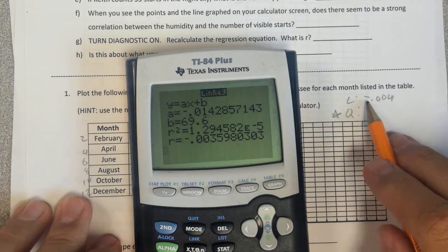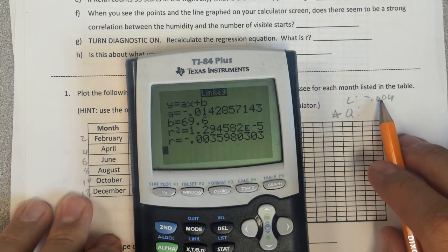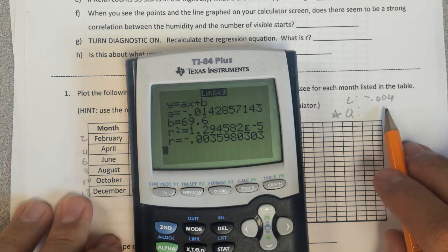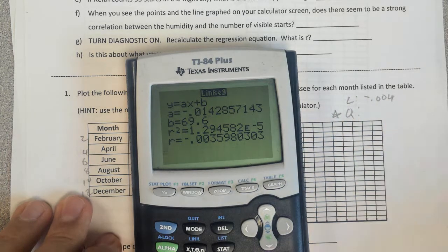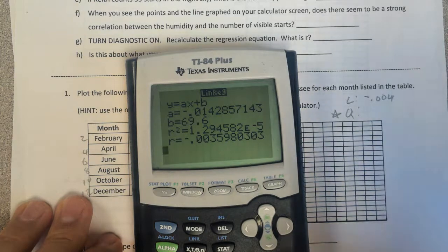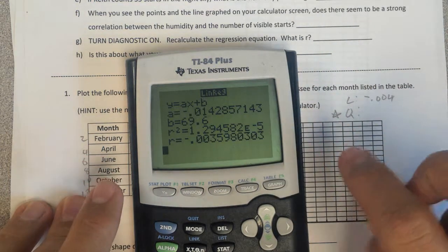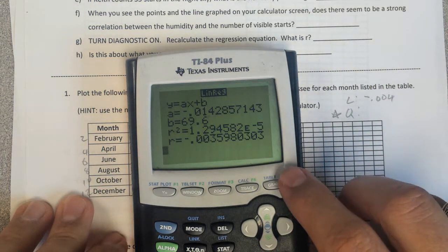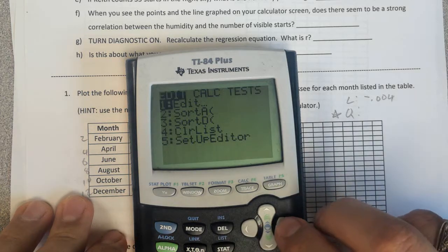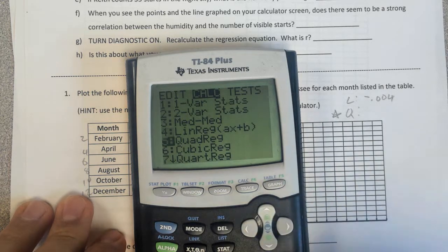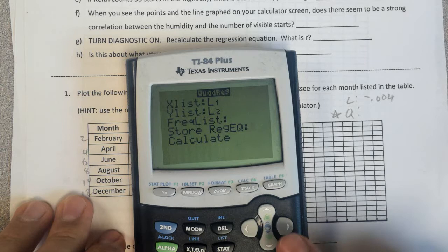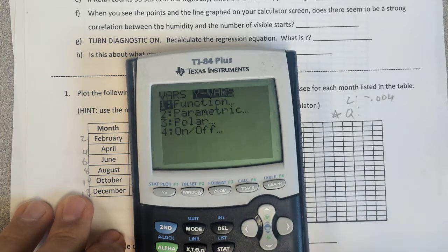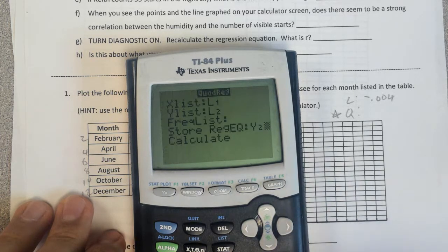That is basically as close as you're going to get to 0 as possible. So we know that's definitely out of the equation. But I'm going to put it in there just to prove a point in a little bit. Alright, next one, stat, calculate, quadratic regression, y vars, function. We're going to put this in y2.